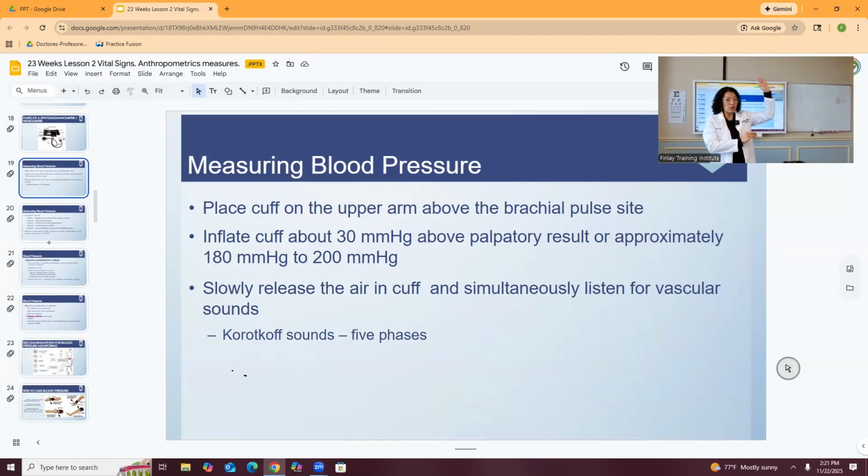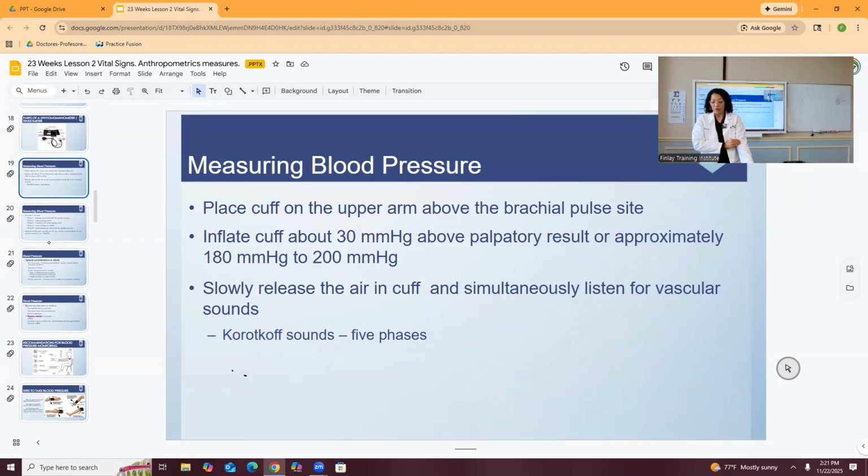So if you're looking at the left arm, you're going to see the inner part and you're going to look in that fossa. You're going to place your index and your middle finger looking for palpation, for that bouncing movement, okay? Contraction, pum, pum, pum, okay? That's what you're going to be looking for.